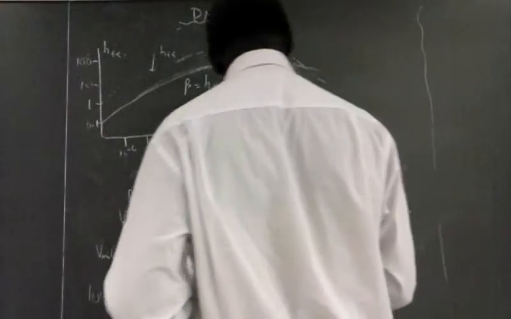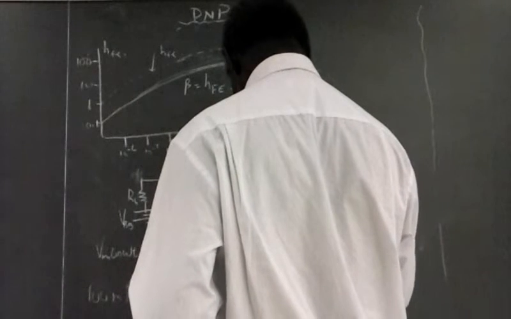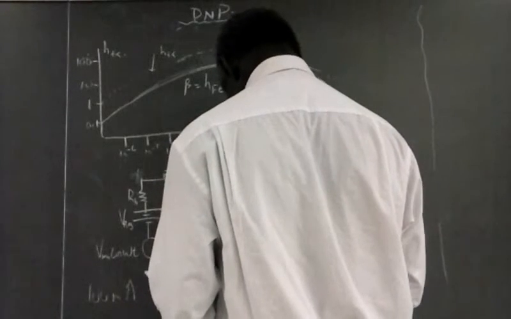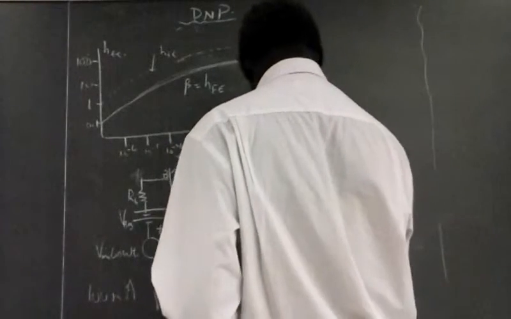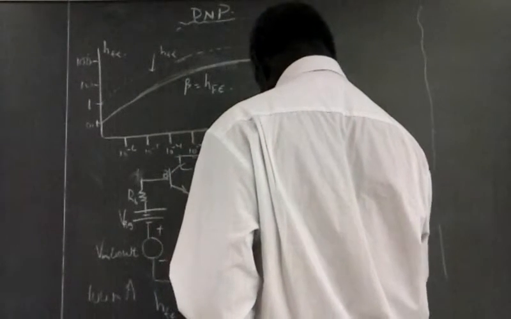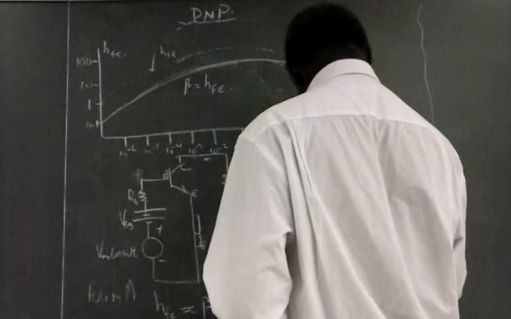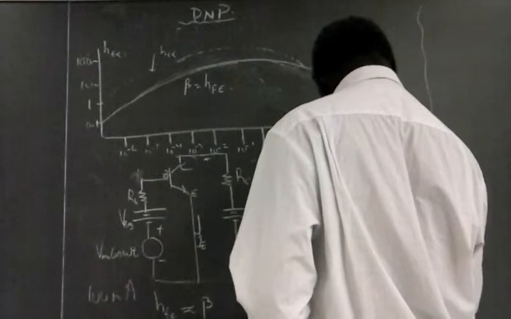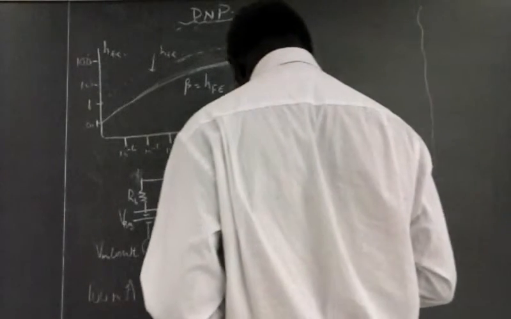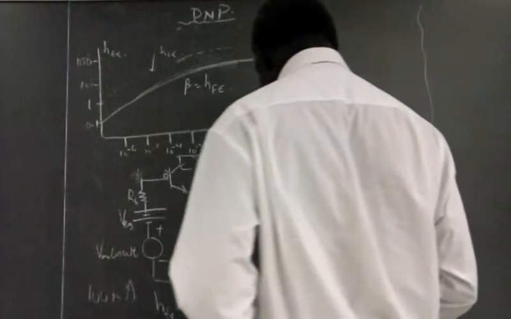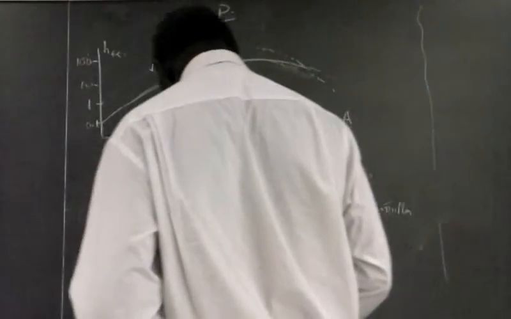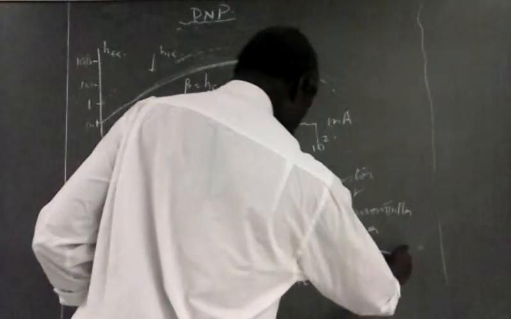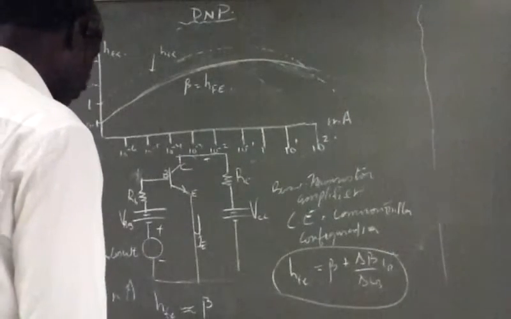So we see that the property h_FE equal to beta, delta I_C over delta I_B, is a property of the transistor itself, and it does not depend on external circuitry.